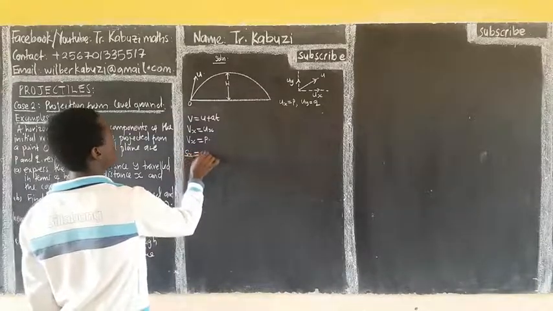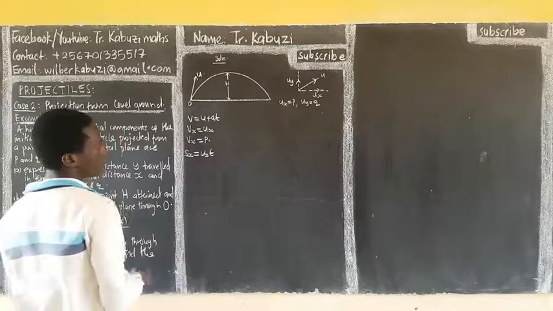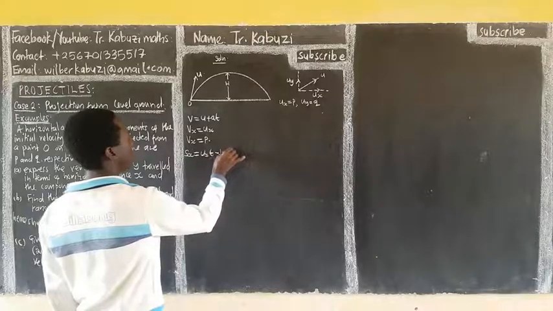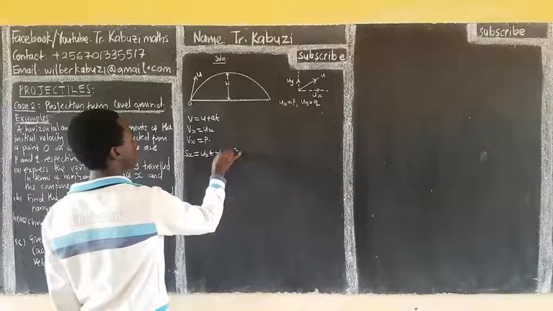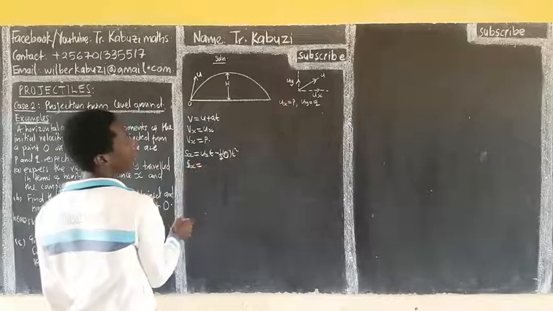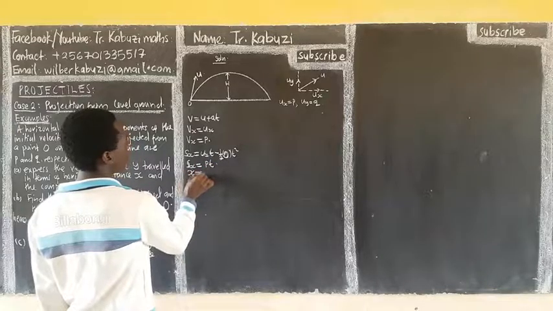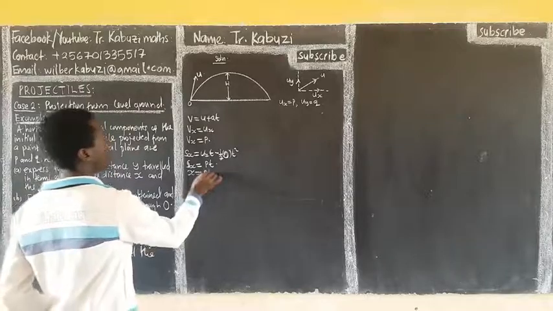X is going to be Uxt minus a half a, which is 0, into t squared. So here my Sx is going to be Pt, and Sx is the horizontal distance, which they are telling us is X.